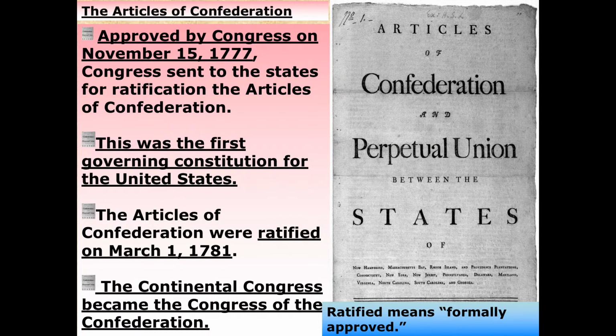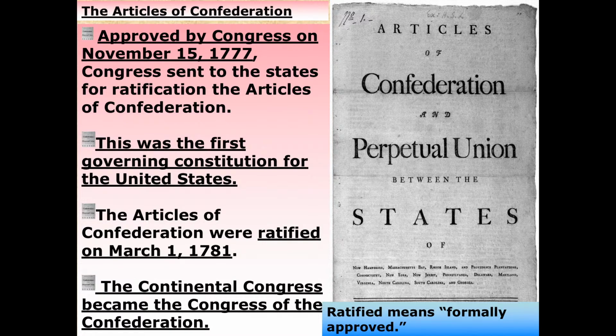So instead of having a firm and strong central government, we're talking more like a confederation where the states hold the ultimate power. Now, this would be our lasting document, all throughout the 1780s, until we do have that Constitutional Convention in 1787.